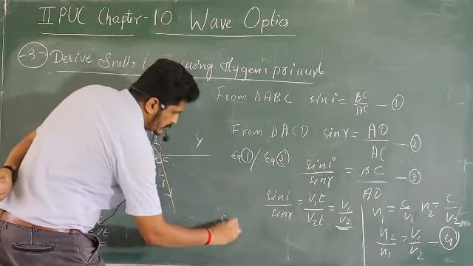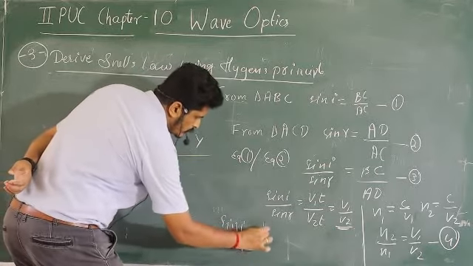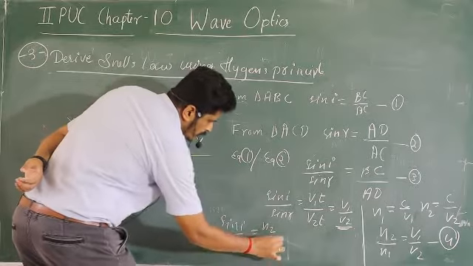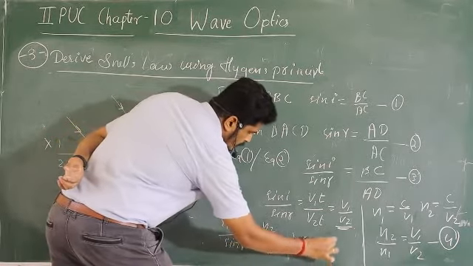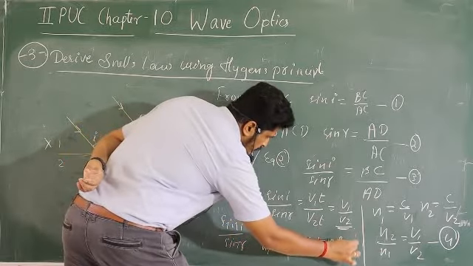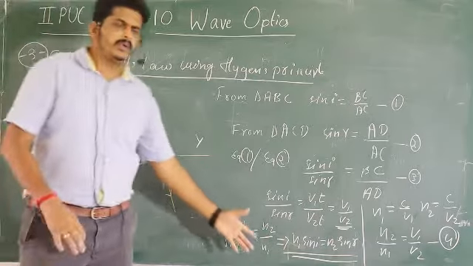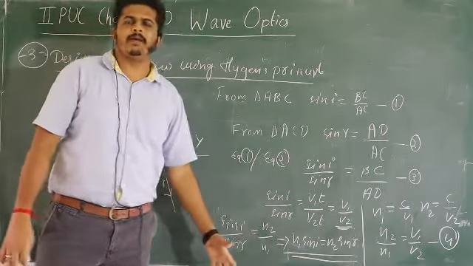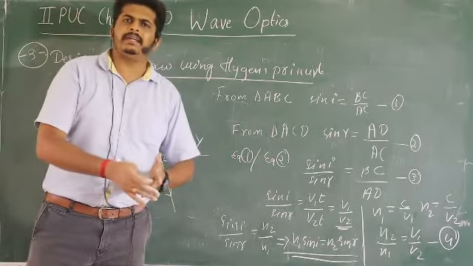So now I will write that as it is here. This is sin i by sin r equal to N2 by N1, also equal to N1 sin i equal to N2 sin r. See, we have finally proved Snell's law by using which one? Huygens principle. So for refraction, reflection, everything it holds good.